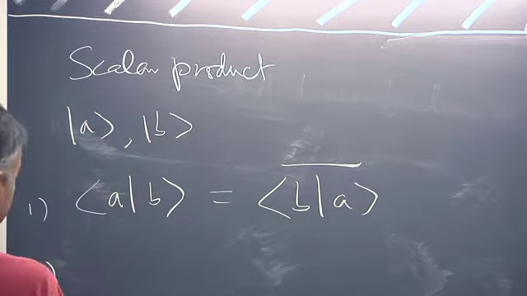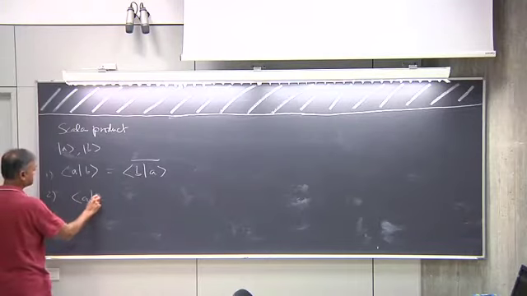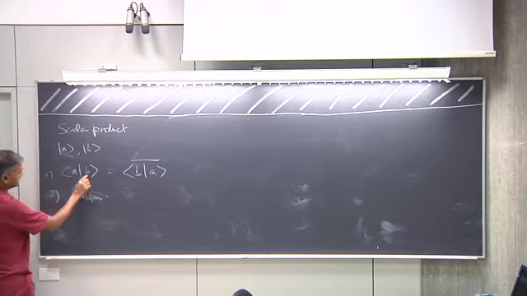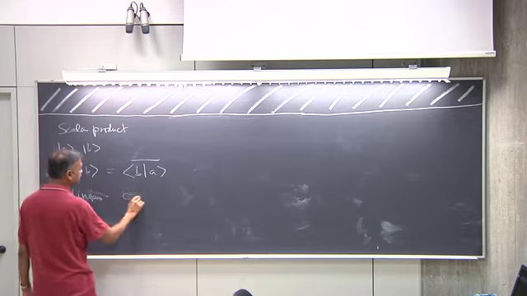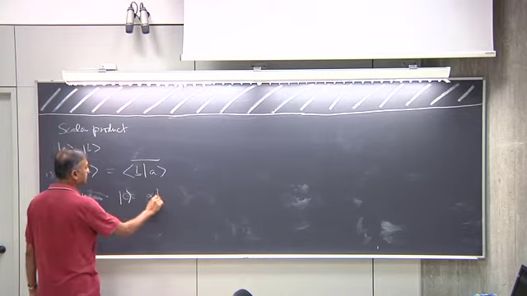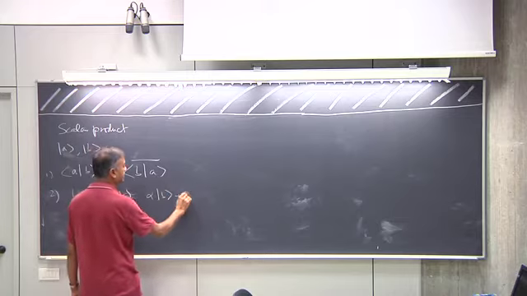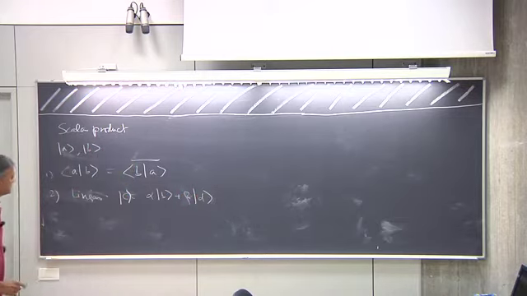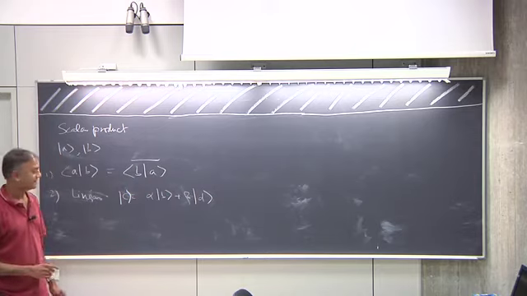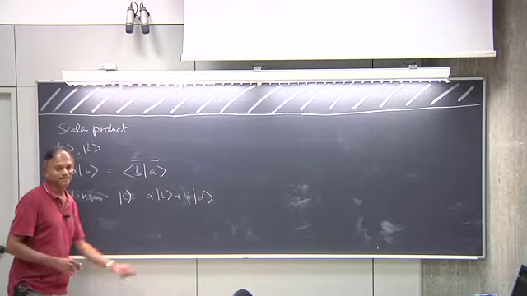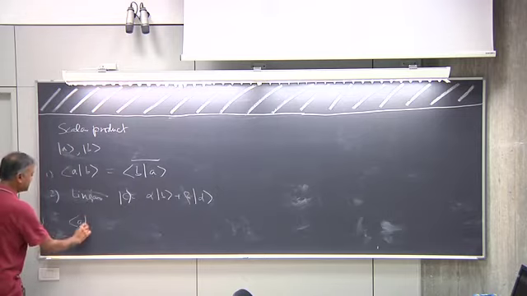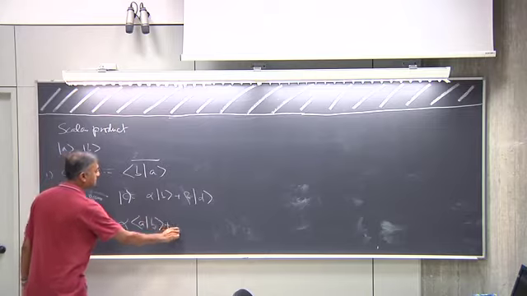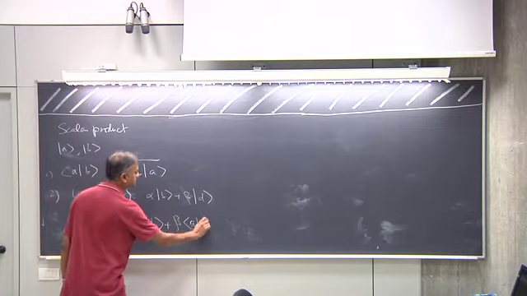And the second important point was that it is linear in this argument. So in other words, if C is equal to alpha B plus beta D, let's say, I just chose some combination, then <A|C> is the same as alpha <A|B> plus beta <A|D>.